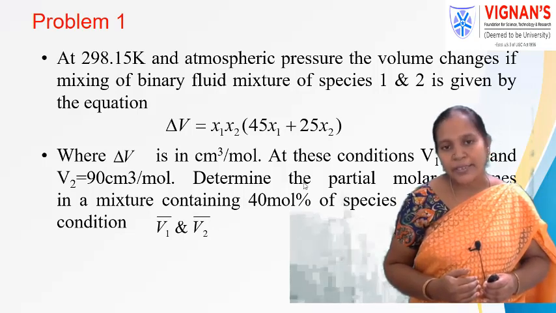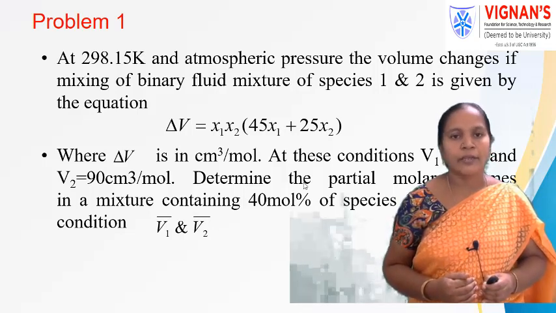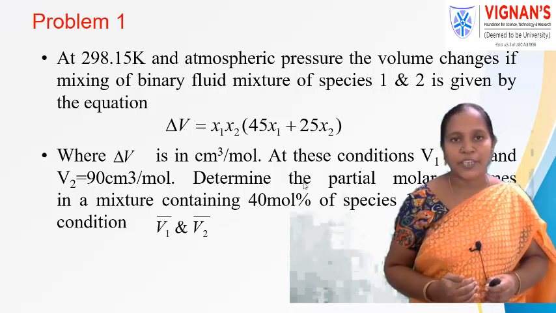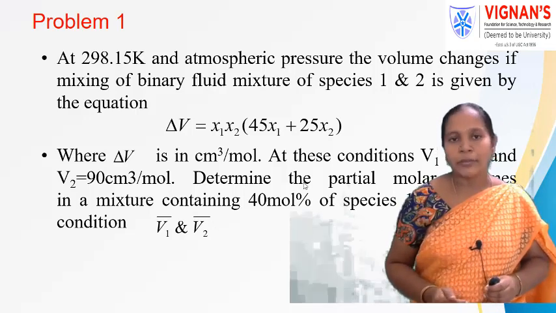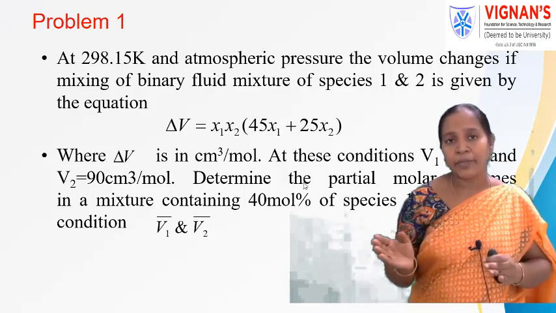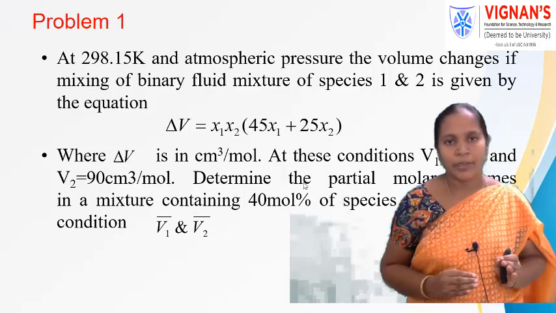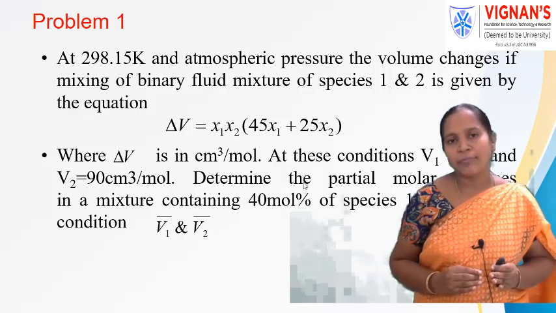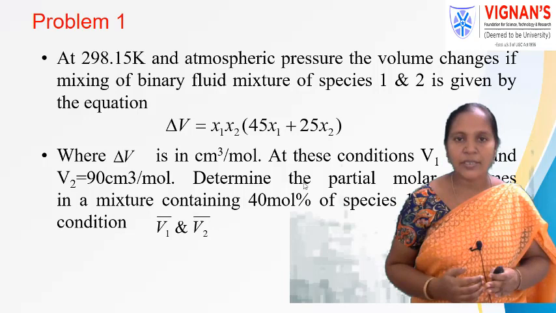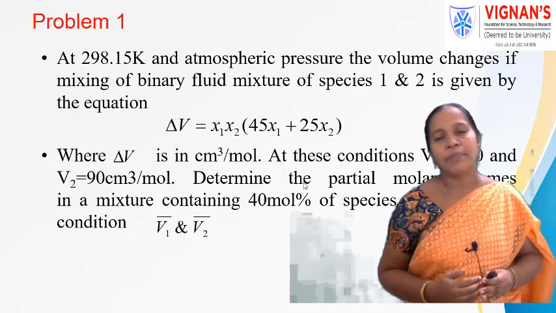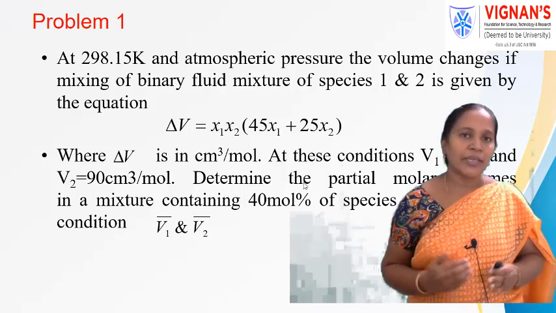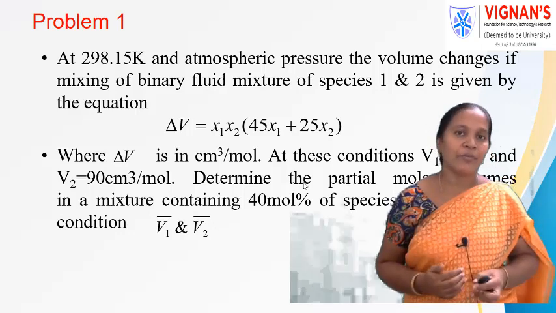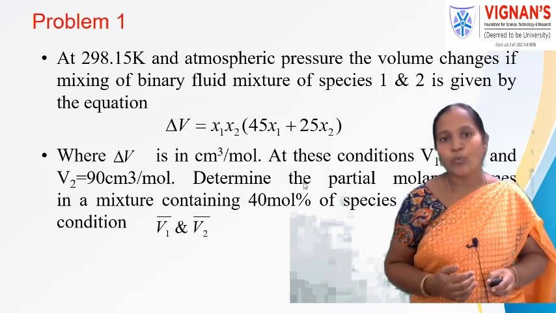So, our aim is first to calculate V by using the given expression for delta V. Now coming to the relationship between delta V and V. In the previous class, in property changes of mixing, we derived the relationship: delta V = V - x1 V1 - x2 V2.